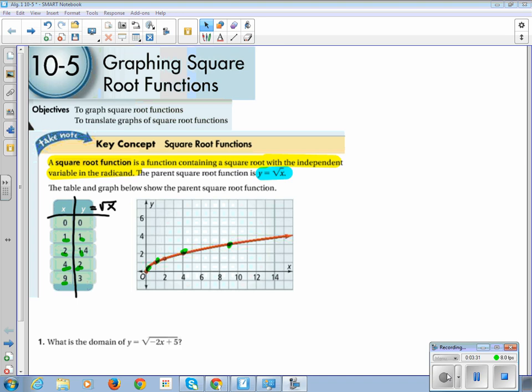Let's talk about the domain and range of these guys. Domain is your approved x values. And what's the restriction with square roots? What are we not allowed to do with square roots?